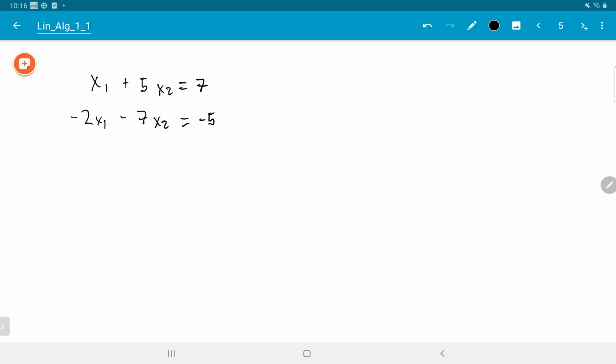To do this, we're going to construct what's called an augmented matrix. That basically means we're going to ignore the variables and just worry about the constants that are in front of the variables or on their own. So the constant in front of that first x1 is just a 1, and then we've got 5 and 7, and now negative 2, negative 7, negative 5.